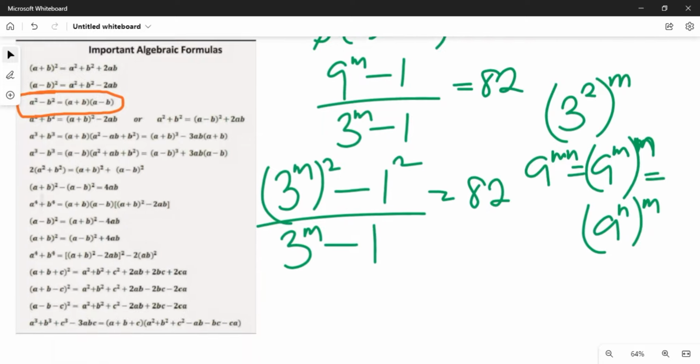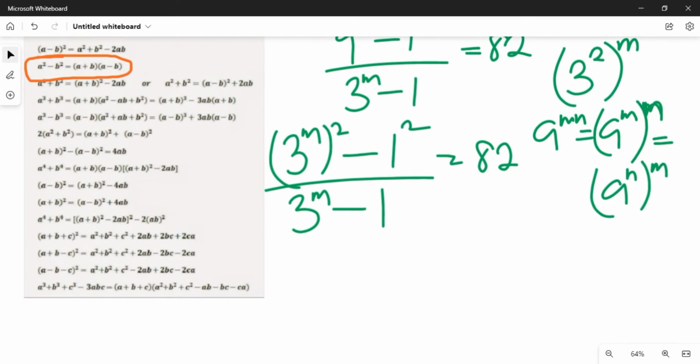So if we get this, the next thing we'll do is to simplify this very term. If we simplify this very term, we are going to apply this algebraic function, which says a square minus b square equal to a plus b multiplied by a minus b. If we apply that here for this difference of two squares, we are going to have our a to be equal to 3 raised to power m and our b to be equal to 1.